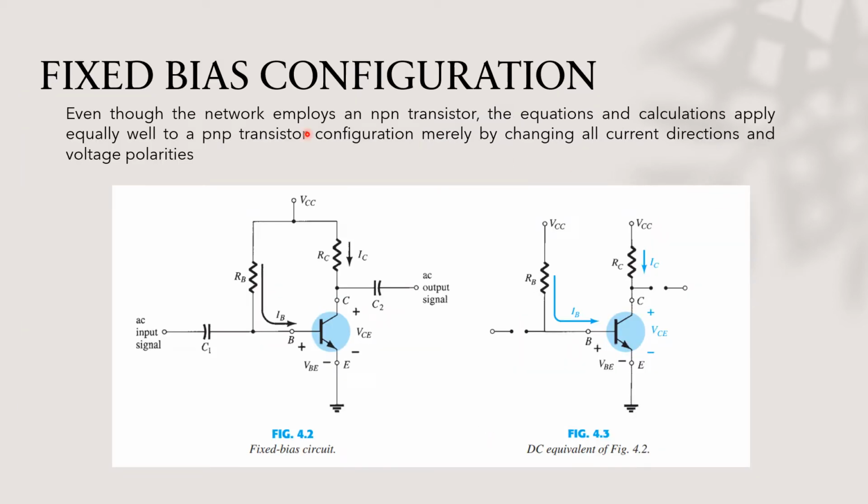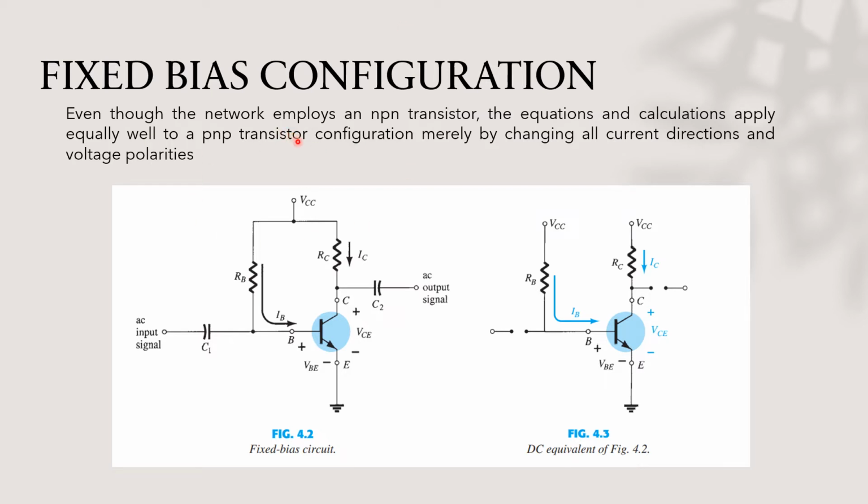Next, we have the fixed bias configuration. It is called fixed bias because even though the network employs an NPN transistor, just like in our example here, wherein we are given a schematic diagram of an NPN circuit, the equations and calculations apply equally to a PNP transistor configuration.